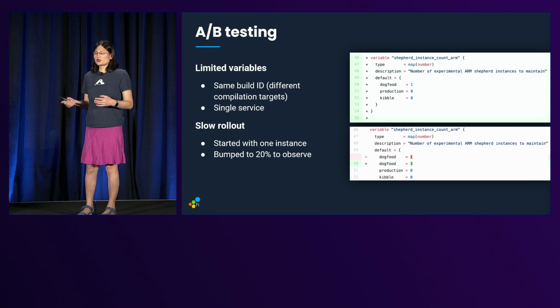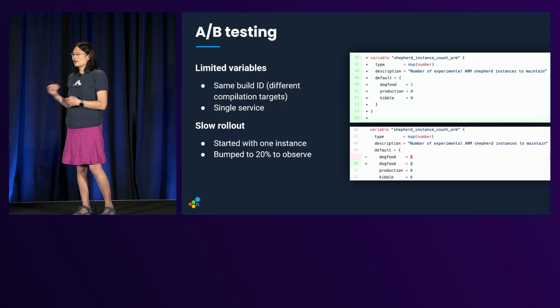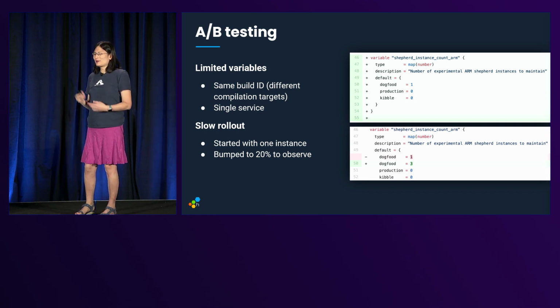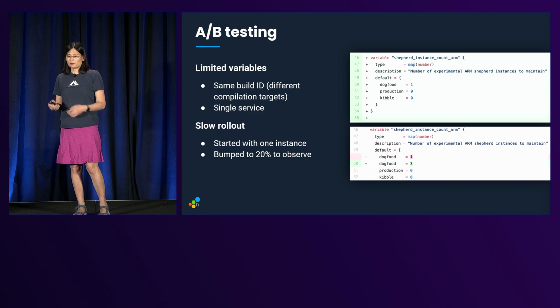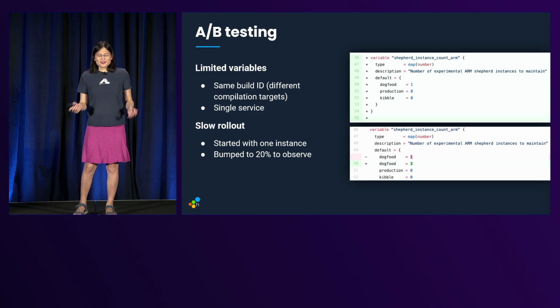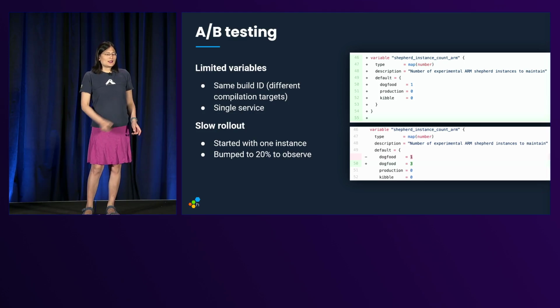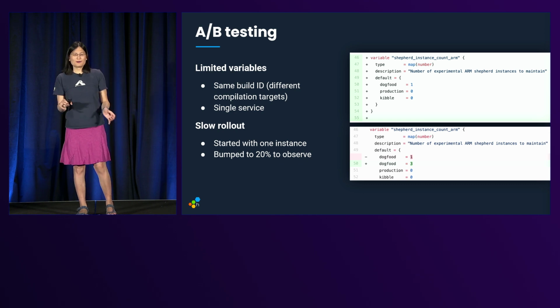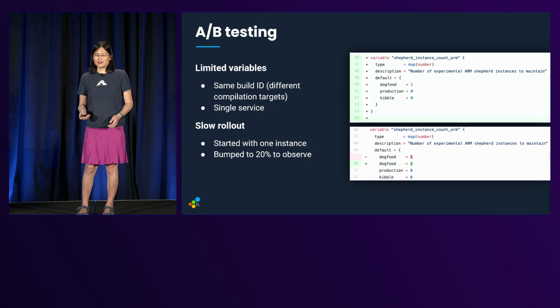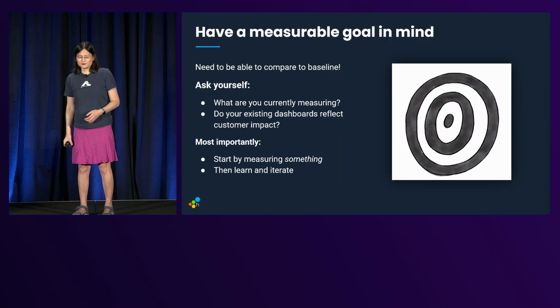And we wanted to make sure that we were validating the claims that the Graviton team was making at the time, that the M6G instance types were going to be about 20 to 30% better on price performance. So in order to test that, we just booted up some machines on the ARM architecture that were powered by Graviton 2, and we forked a certain percentage of our traffic over, and we sent 20% of traffic over to those new instances, and we went to see how they would perform.